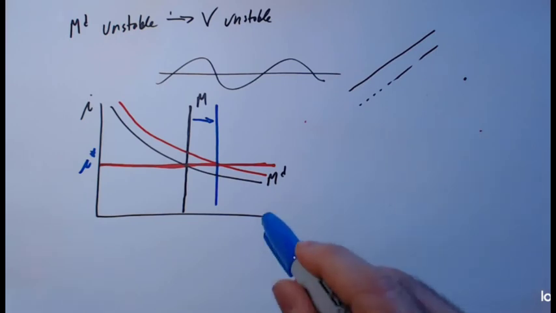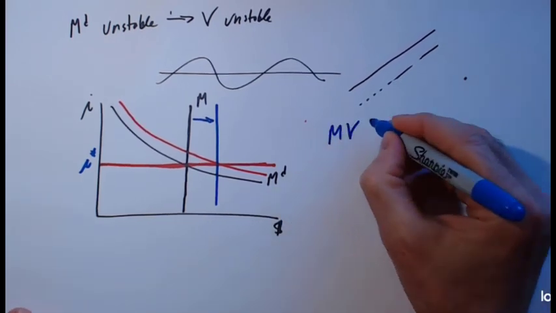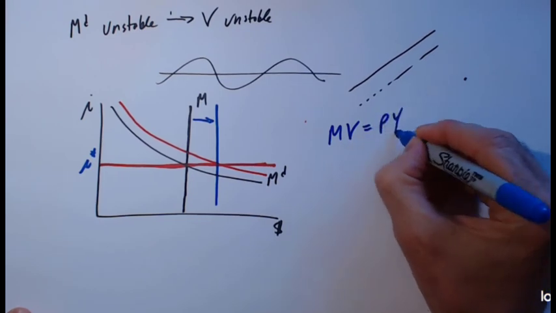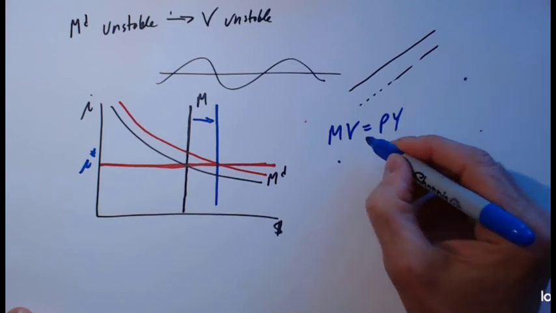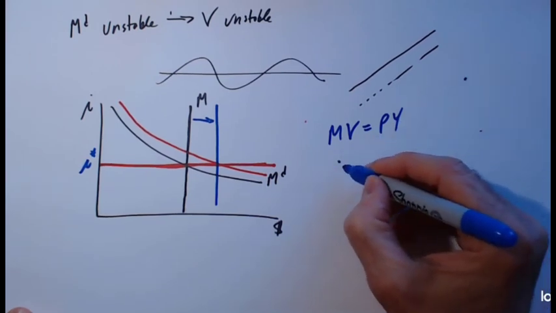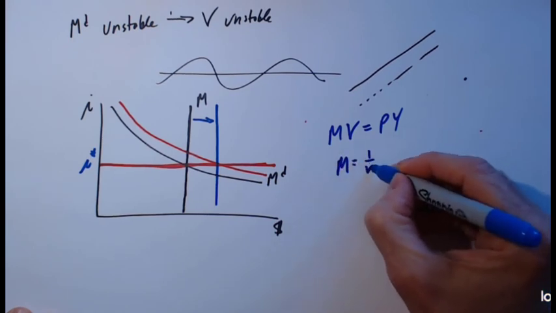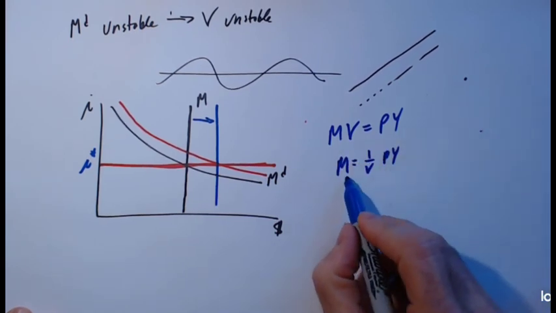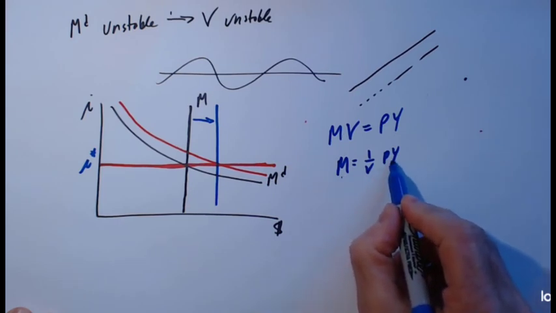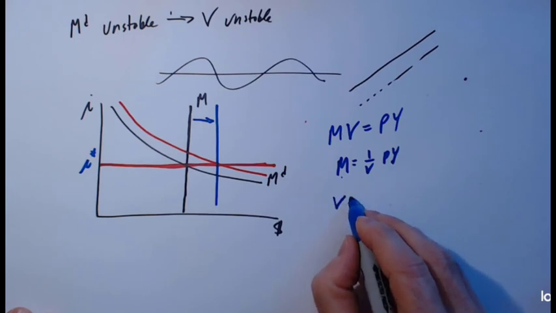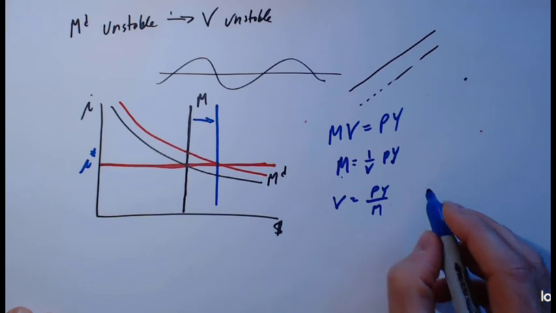So the point is, we covered this. We started off with this equation. Okay, we started off here, and we spent some time spinning around with this. We looked at it a whole bunch of different ways. We could say money equals this, where money is a function of velocity and GDP, or we could write it, velocity is a function of GDP divided by money, and so on.